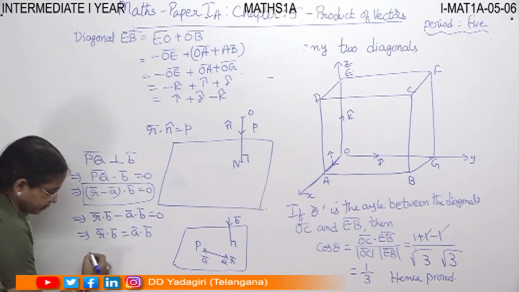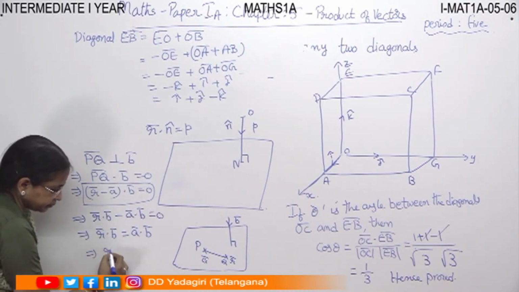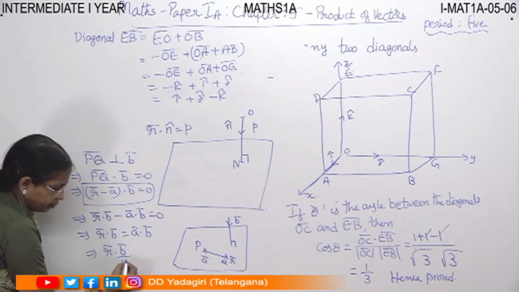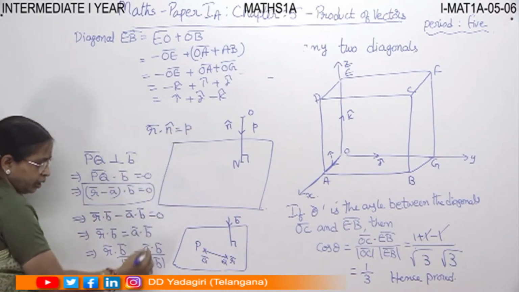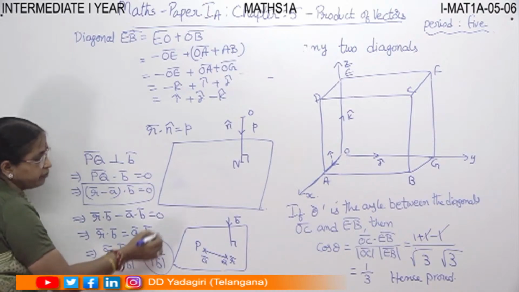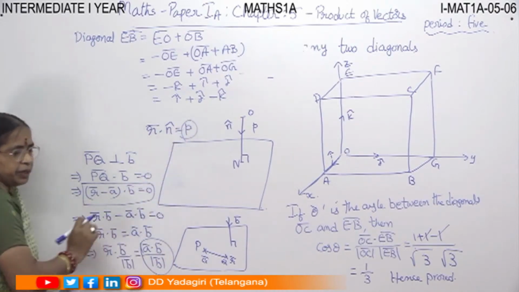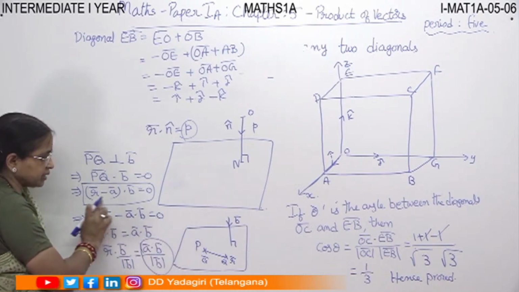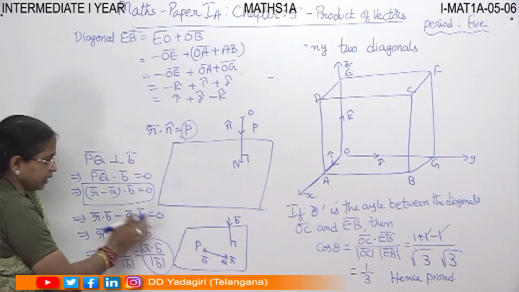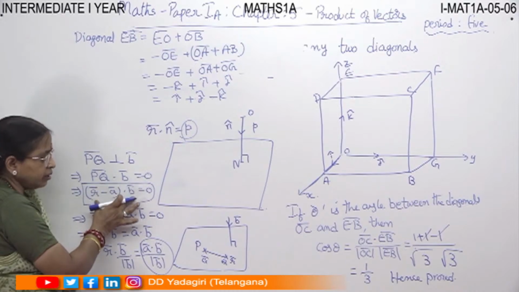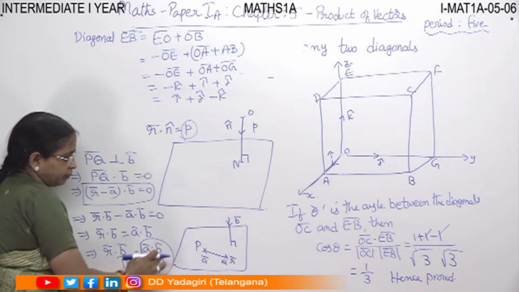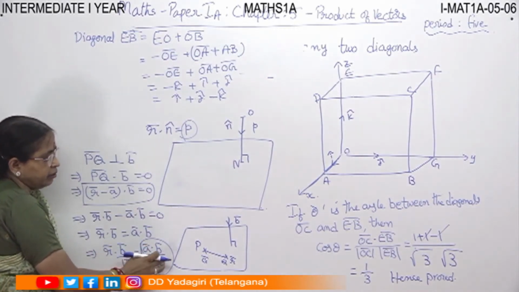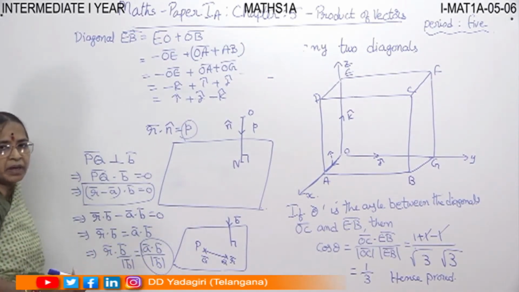So what we do is, we divide this by mod B, B by mod B, then this also we should divide by mod B. Then when you compare these two, in the place of p, you have a dot B by mod B. So if the equation of the plane is in this form, then you can write the p value, that means the length of the perpendicular from the origin to the plane, as a dot B by mod B. So p is equal to a dot B by mod B.